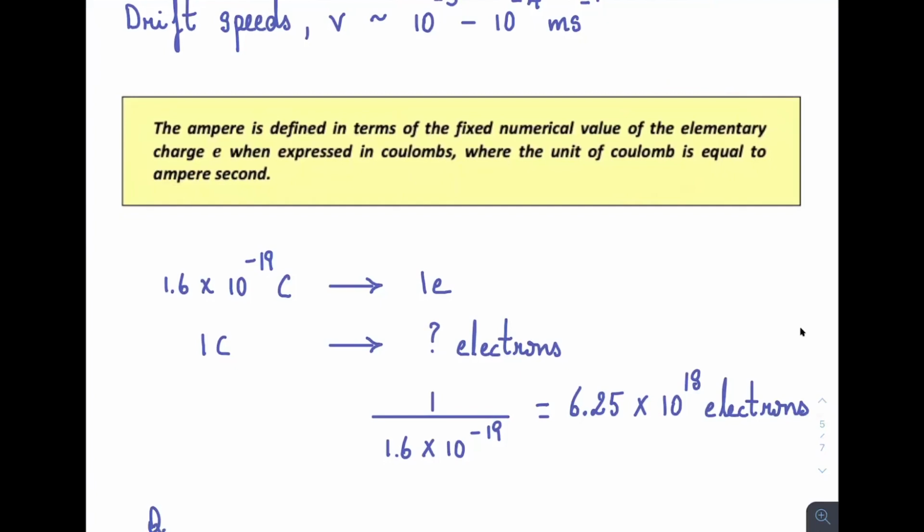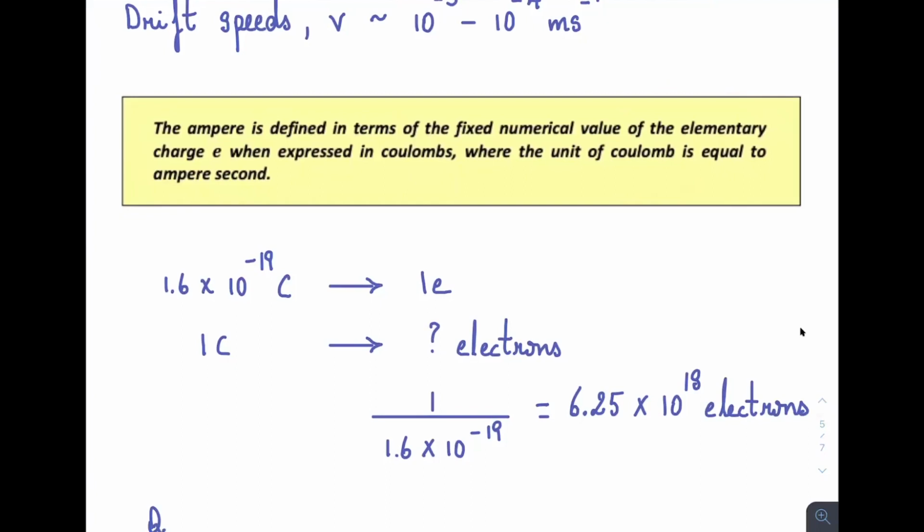Let's reword it in simpler words. A current of 1 amp means that 1 coulomb of charge is drifting past a fixed point in the circuit per second.